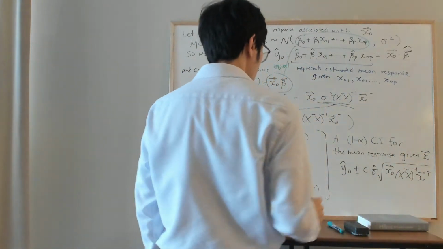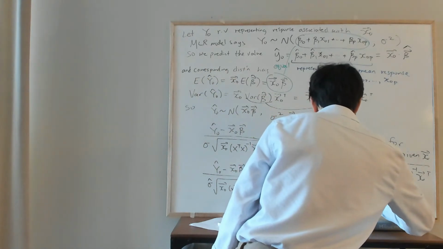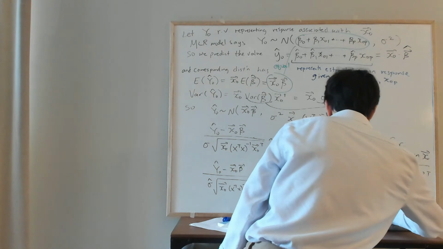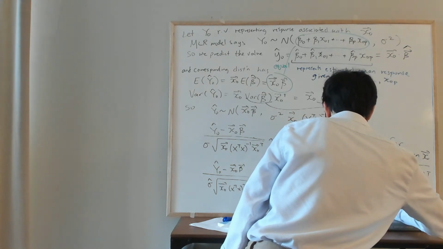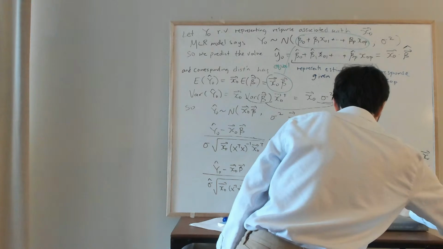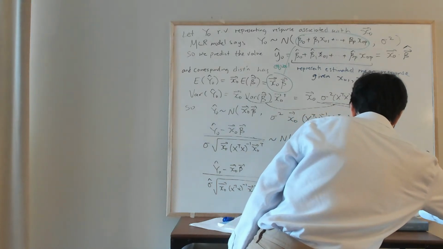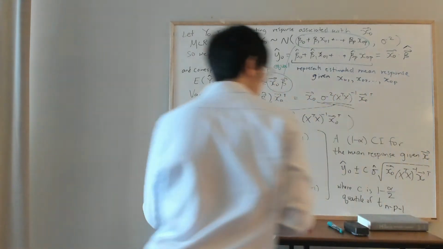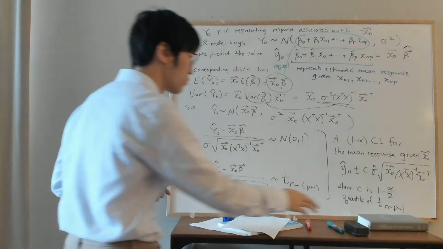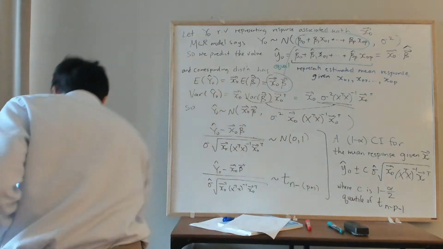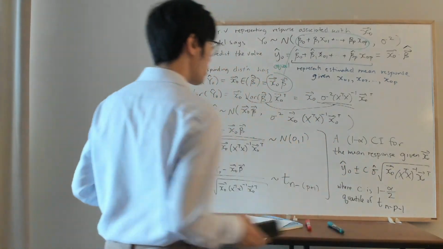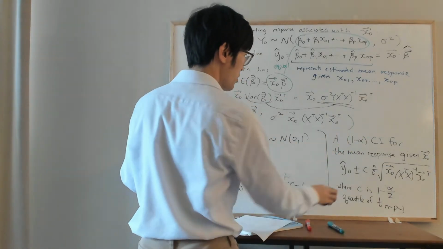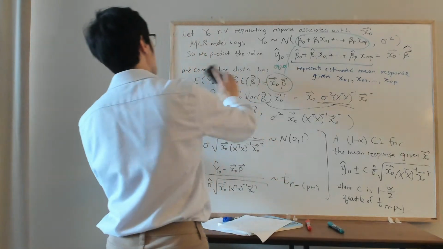Here c is the 1 minus alpha over 2 quantile of a t distribution with n minus p minus 1 degrees of freedom. So that's the confidence interval for the mean response.